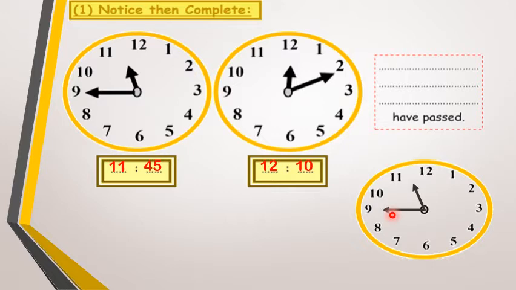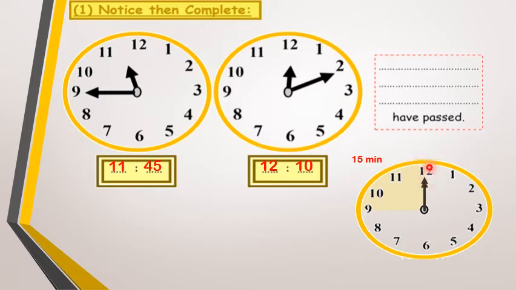I will move the long arm to get a whole hour, so I'll move the long arm till here. So now it's 12 o'clock. From here to here, this is 5, 10, 15 minutes. So it passed 15 minutes.